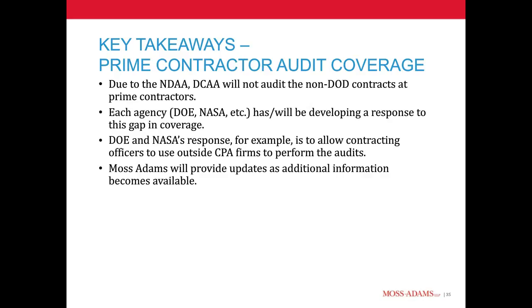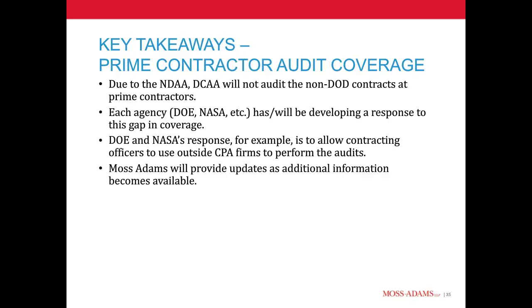And each agency, whether it be DOE or NASA or Department of Homeland Security or EPA or any of the many agencies that are there, they're all looking at this, and some of them are developing kind of the same approach, which is going to the option of an outsourced contractor or CPA firm to perform the audits.